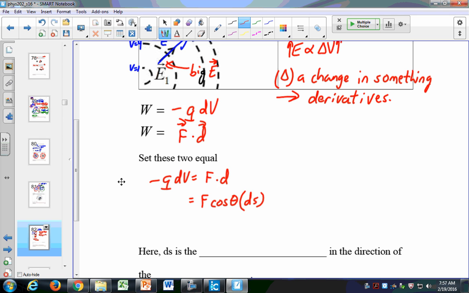So F cosine theta ds, and then I have this negative q dV. And further, I can say that this F right here becomes q times E, because F is equal to qE, cosine theta ds.